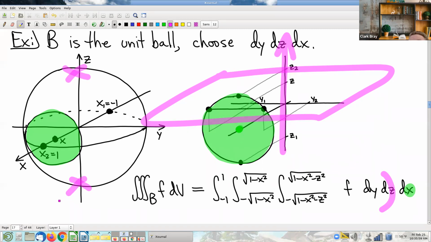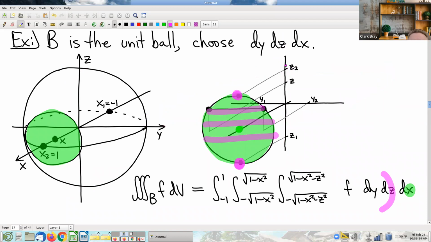We will get them with different values of X, right? But I want to know the Z bounds as a function of X, not overall. Okay, so on this X slice, Z slices start there, kind of proceed along, and then end there. Everybody see my picture? Okay.